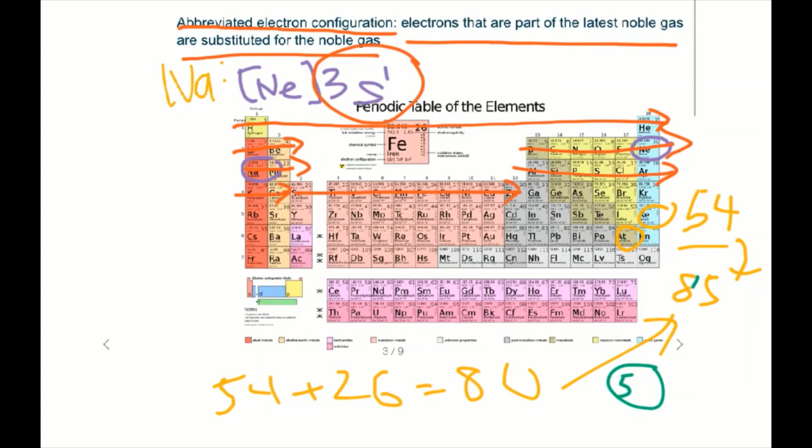and then 3d10, and then 4p6, 5s2, 4d10, 5p6. Now I'm going a little bit slower because it's getting a lot more complicated. And then it goes 6s2, and then here's where things get a little bit wacky.